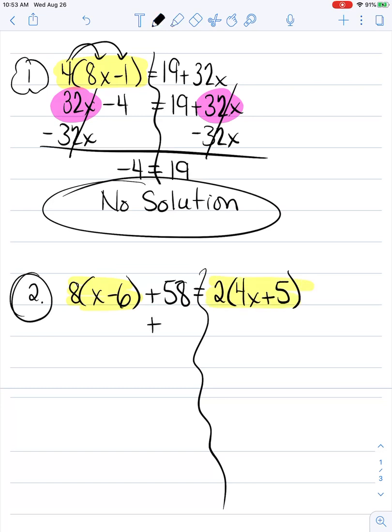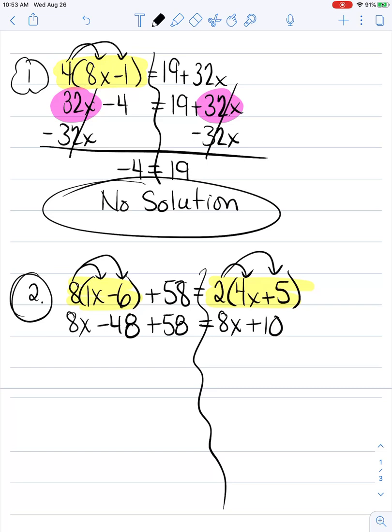So I'm going to bring down my plus 58 and my equal sign so I don't forget it. 8 times 1x is 8x. 8 times -6 is -48. Now let's do the other side. 2 times 4x is 8x. And 2 times 5 is positive 10.